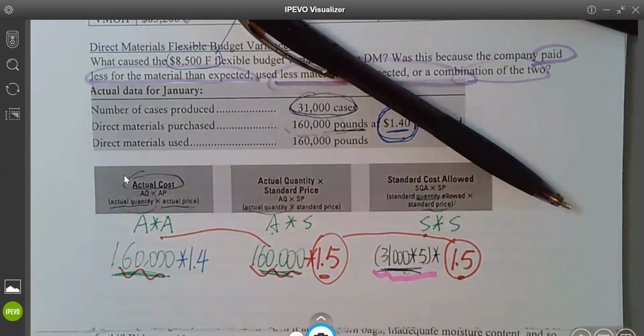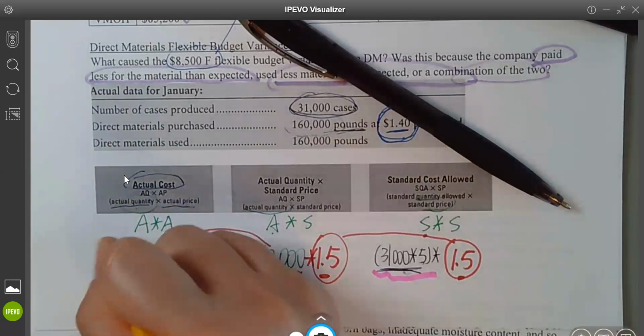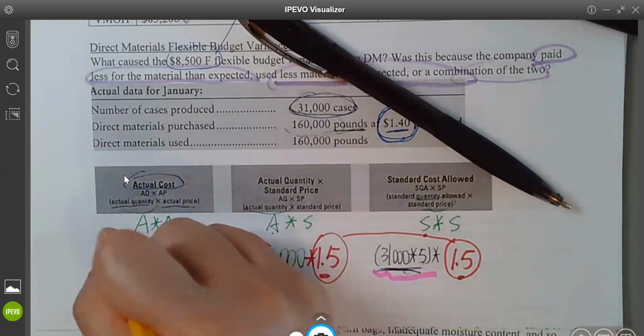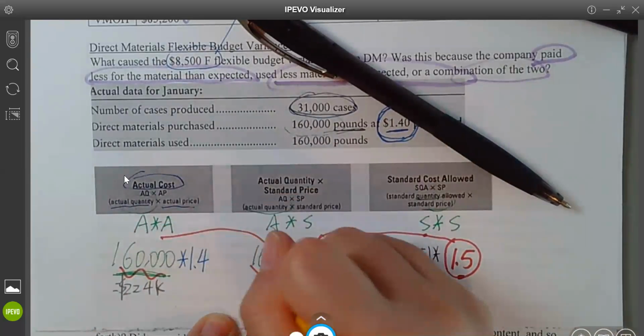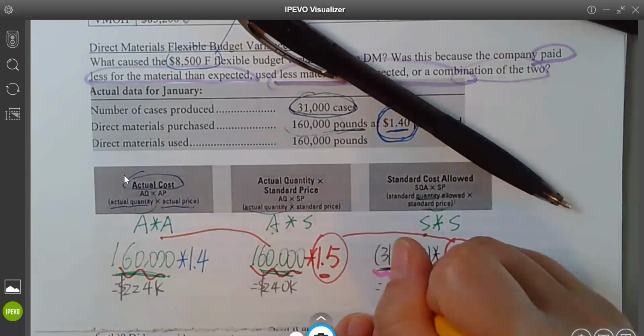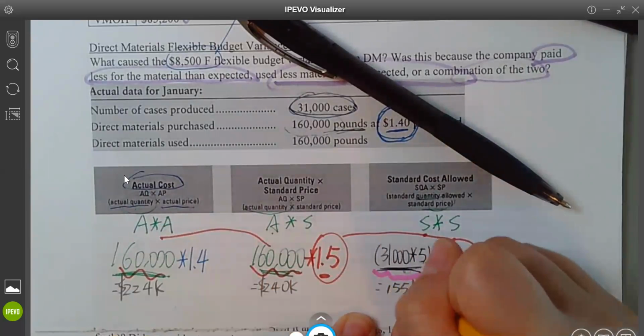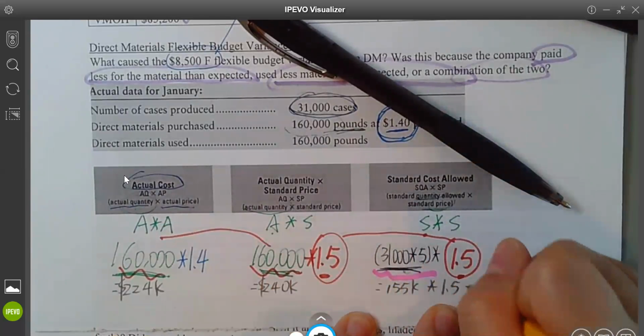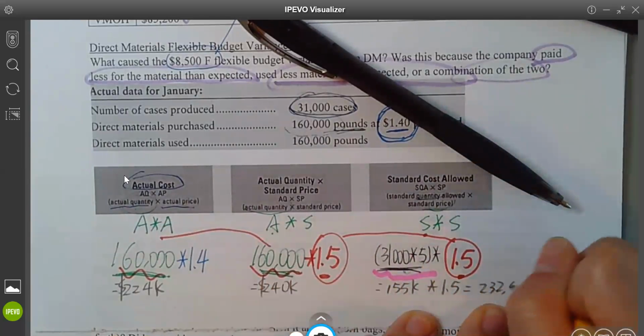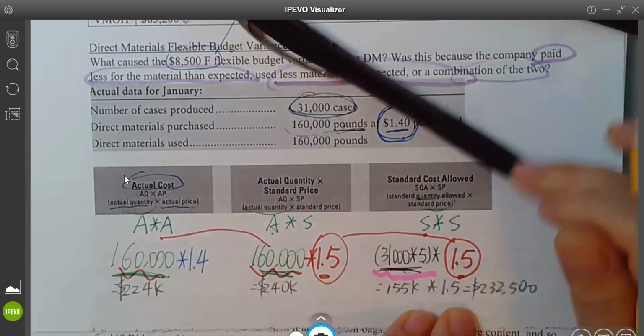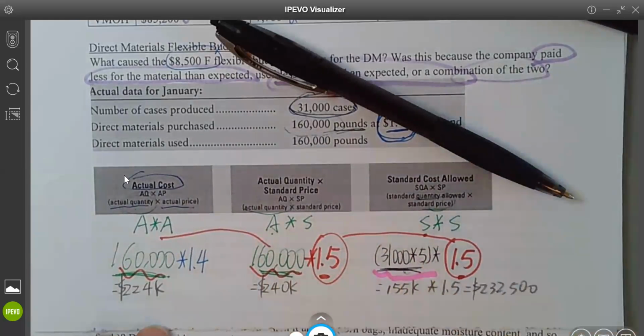And then if you do the numbers, this is $224,000. This is $240,000. And then this one is 155,000 times 1.5, which gives me $232,500. Okay, so now we look at this, right?